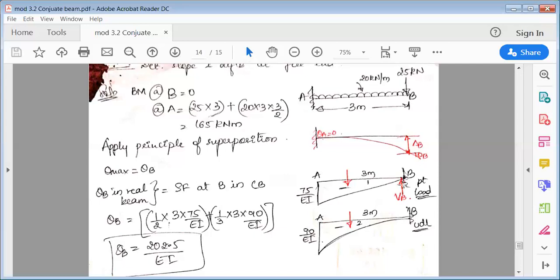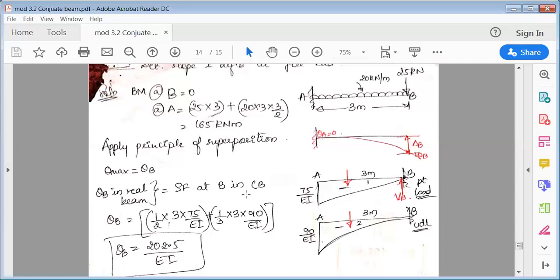To make things convenient, we draw separate diagrams, but actually the shear force is only at support B, so there is no need to show it elsewhere. Show both supports like this as fixed support and show only one force here, VB.